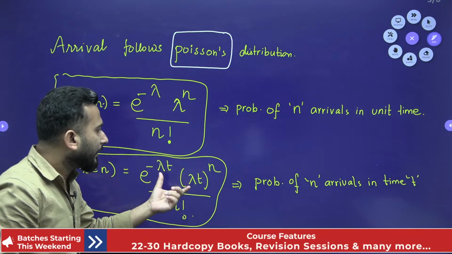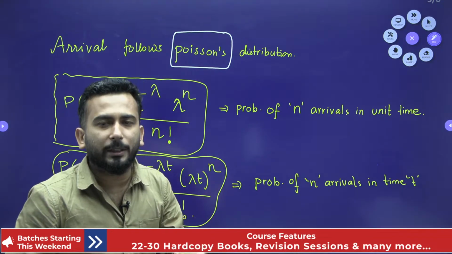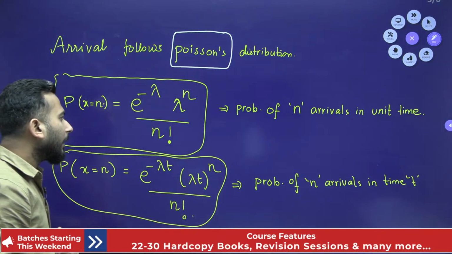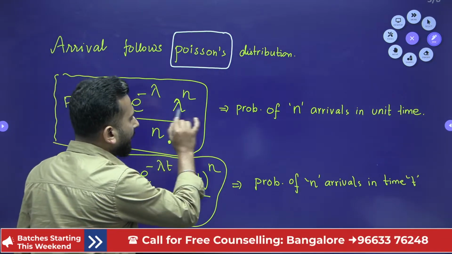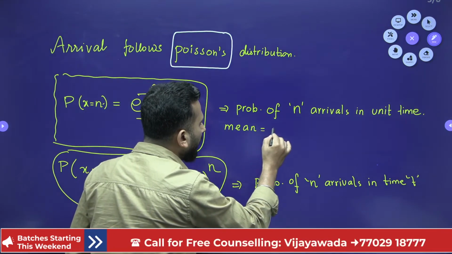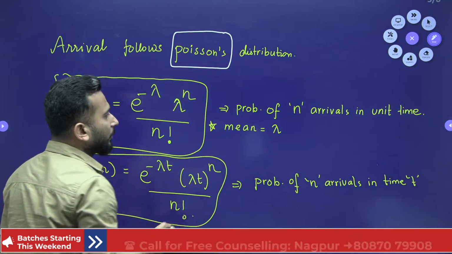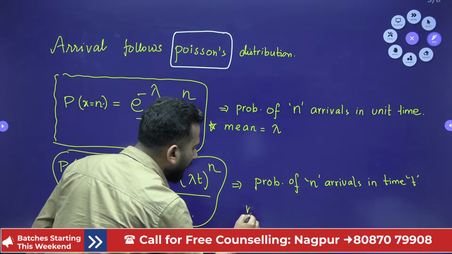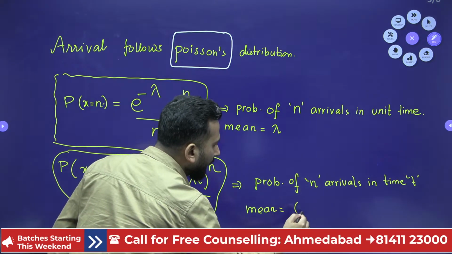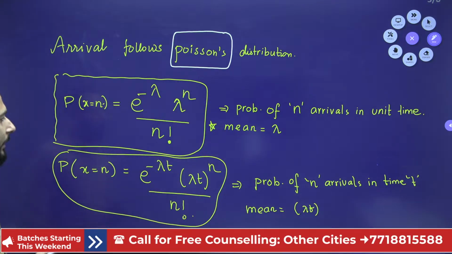But here the time is not in the unit form. It can be 25 minutes, it can be 2 hours, something like that. In the above formula the mean is nothing but your lambda, as you must know from your basic concepts, and here the mean is nothing but lambda into t.